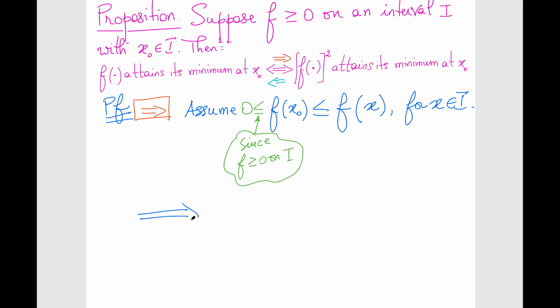So it implies, by applying the squaring function to both sides, I'm squaring both sides, that's what I mean.